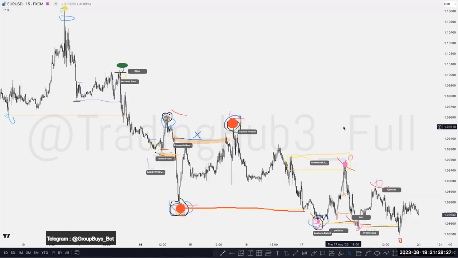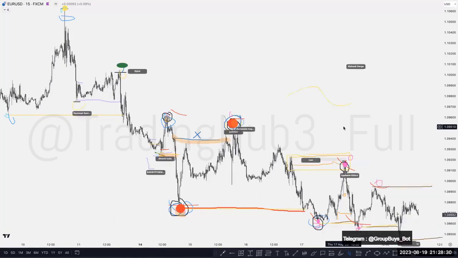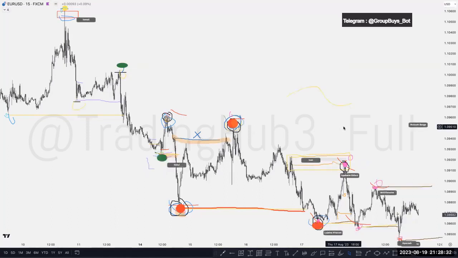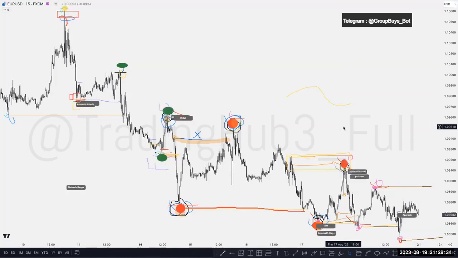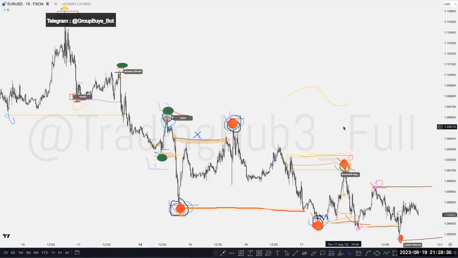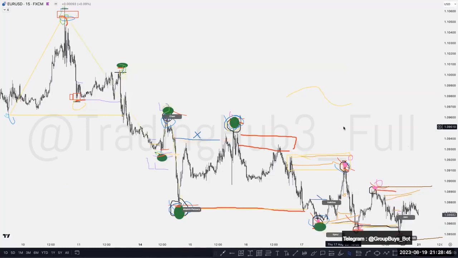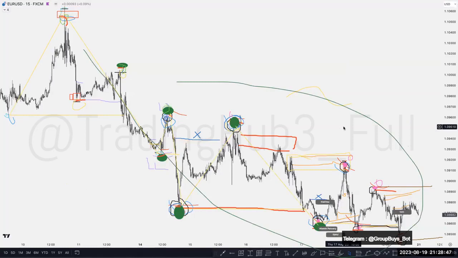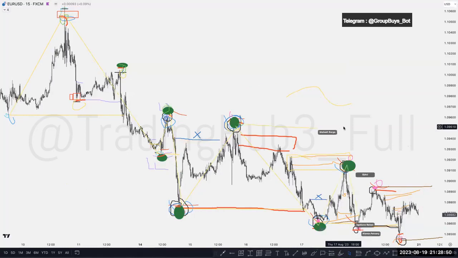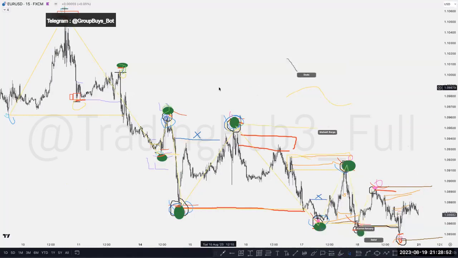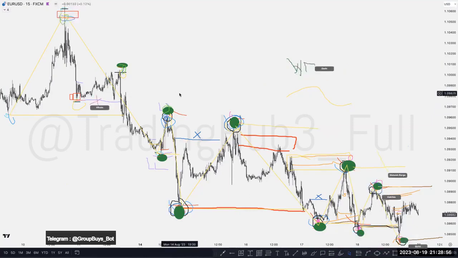For example, this is the picture in front of you, and you don't know what happened in the previous data. This is the current price action right now. So what will happen here?